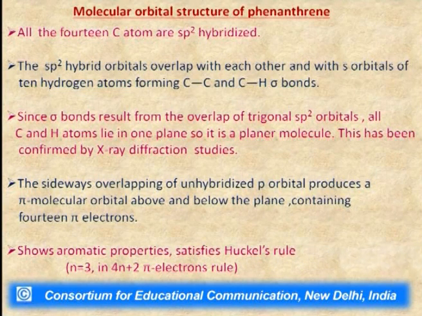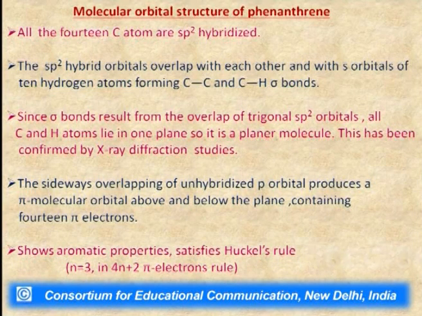These sigma bonds result from the overlap of the trigonal sp2 orbitals. So all carbon and hydrogen atoms lie in the same plane. That's why this molecule is planar, which has been confirmed by its X-ray diffraction studies.